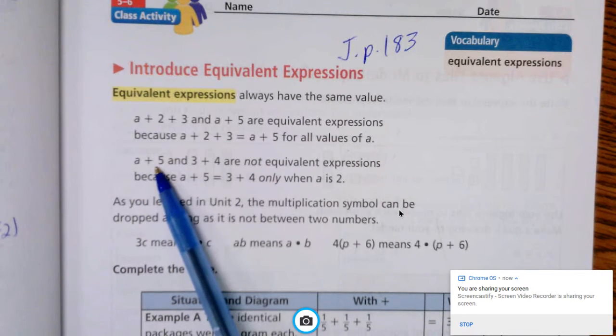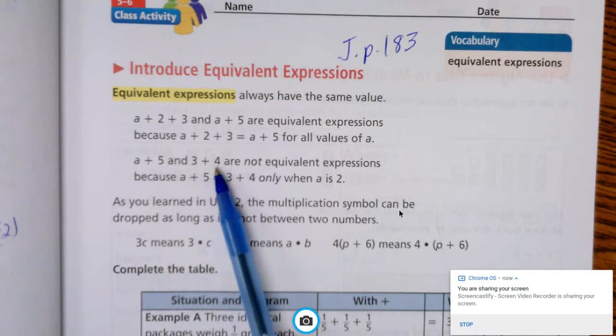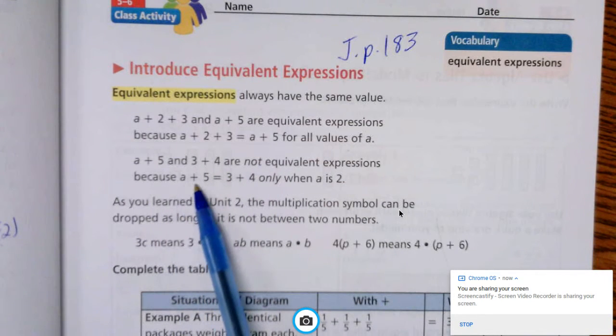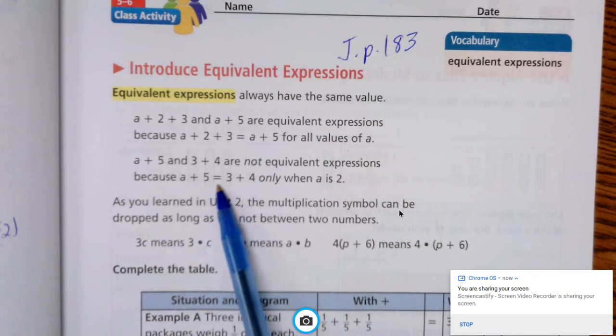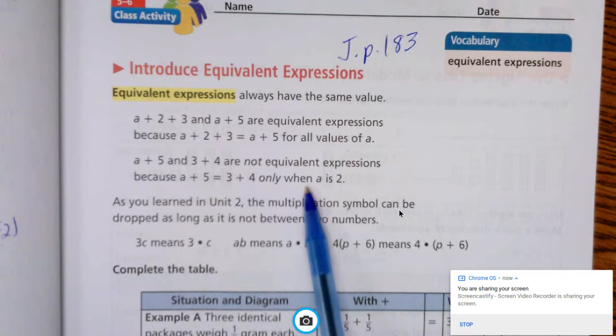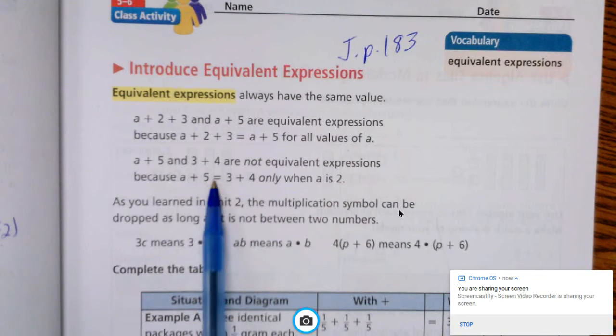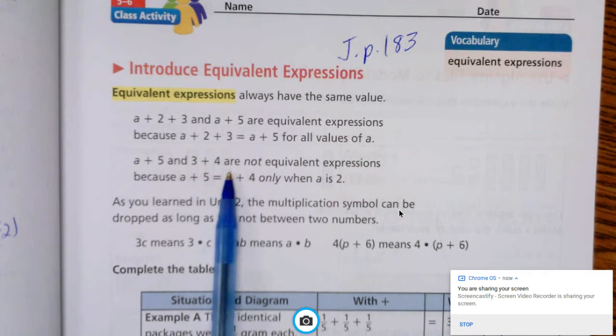A plus 5 and 3 plus 4 are not equivalent expressions because a plus 5 is equal to 3 plus 4 only when a is 2. So if a is 2, it works, but otherwise it's not always going to work. So this doesn't work.